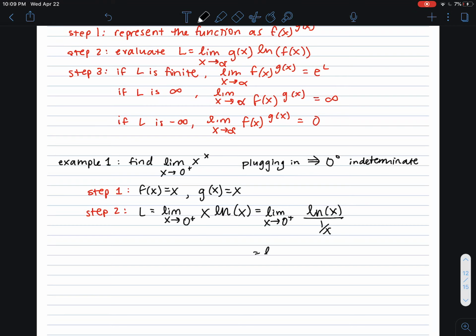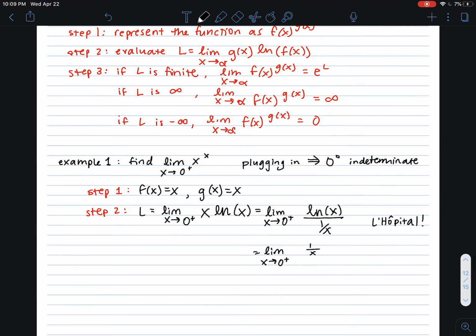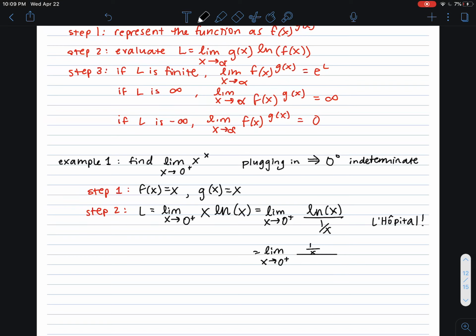So we know that this is equal to the limit as x approaches 0 from the positive side of the derivative of the top. So the derivative of the natural log of x is 1 over x. Let me just write a note that we're doing L'Hopital. Divided by the derivative of the denominator, which is negative 1 over x squared.